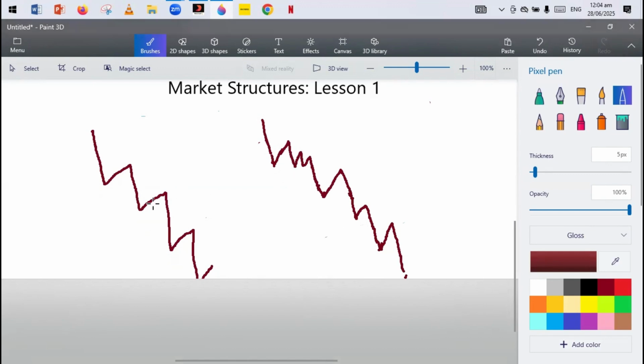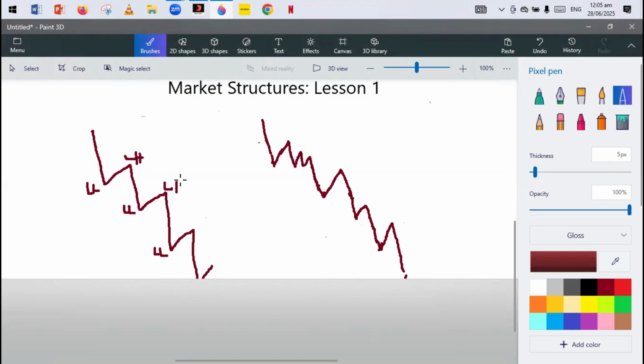Yes. So in a downtrend, we have what we call the lower lows. Lower low. And then we have the lower highs.